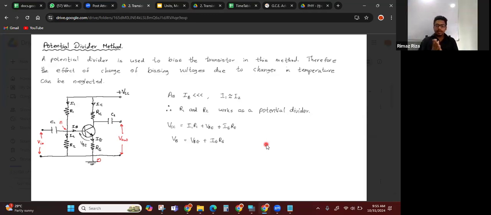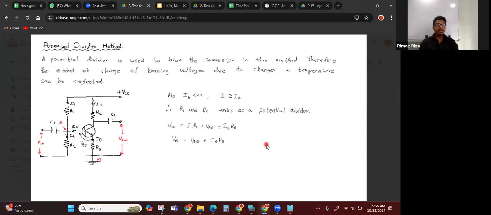Now you may have studied in electricity, a series resistor system works as a potential divider, and a parallel resistor system works as a current divider. So here potential divider circuit means these R1, R2 resistors are working as a series resistor system.